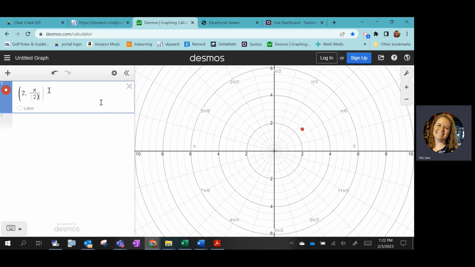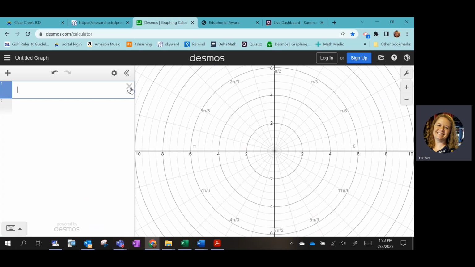So it's not going to plot it correctly at the pi halves angle 2 units out, which should be here. Okay, so unfortunately you can't plot points, polar coordinates, in Desmos. It doesn't work. But you have to use r and theta. Don't use x and y.